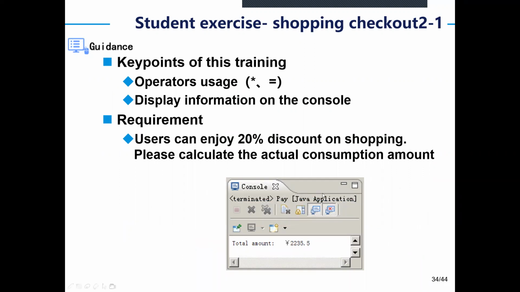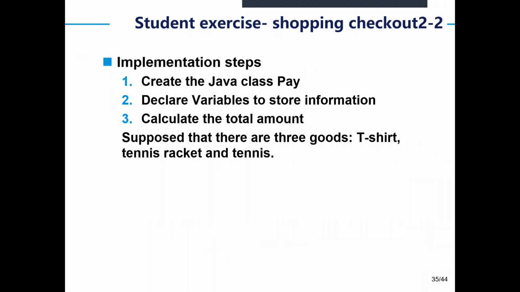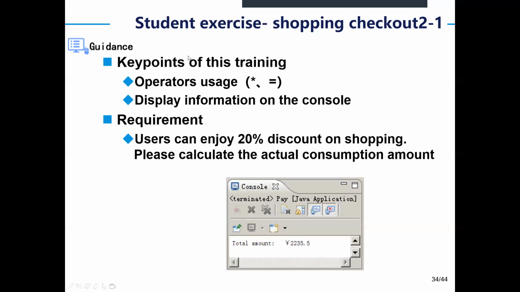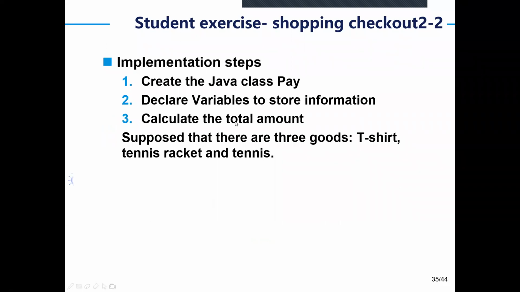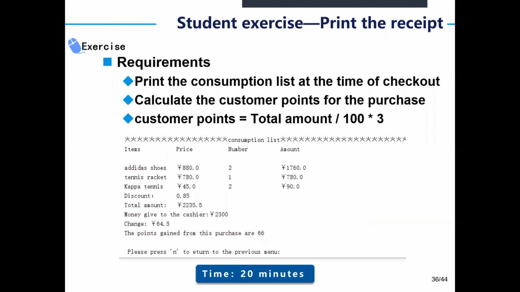Okay. This is a student exercise. Key points of this training: operators usage. This exercise is today's homework. I will skip it. Println, receipt, consumer list. This is the other exercise of this chapter.